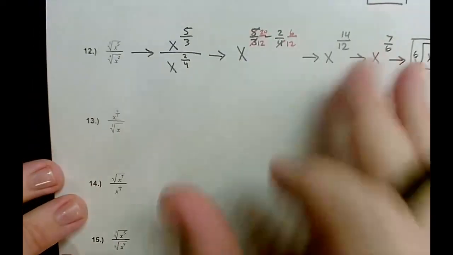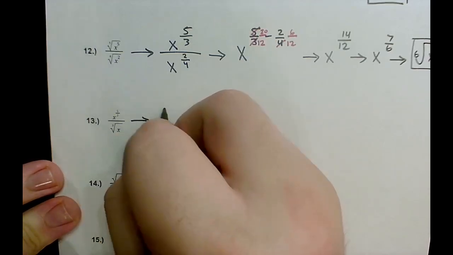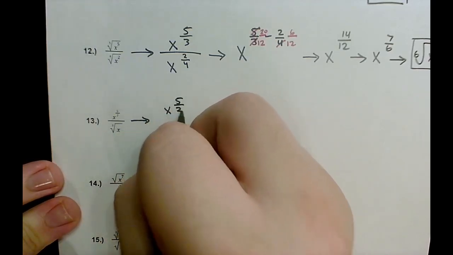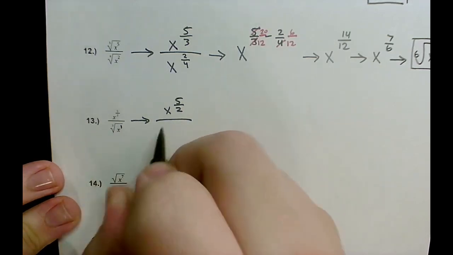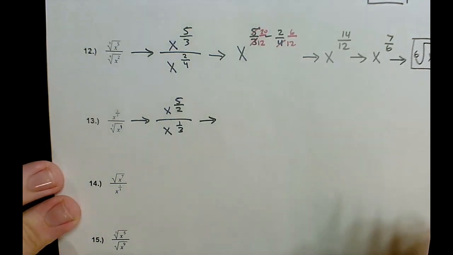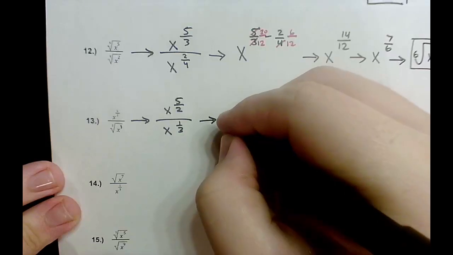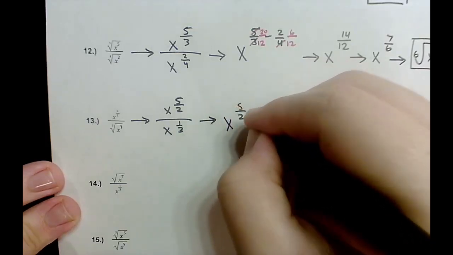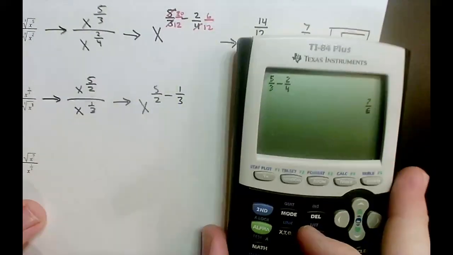Number 13 was kind enough to give me 5/2 as a fraction already. So I just need the fraction on the bottom. The cube root of x to the first power is x to the 1/3. So 5/2 minus 1/3. I'm going to go ahead and throw that into the calculator.